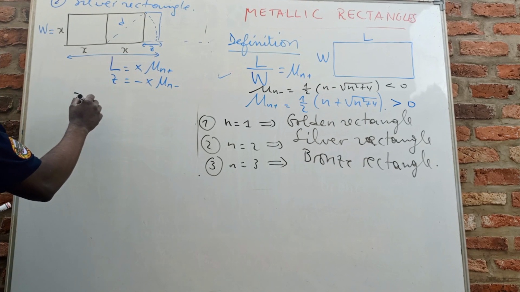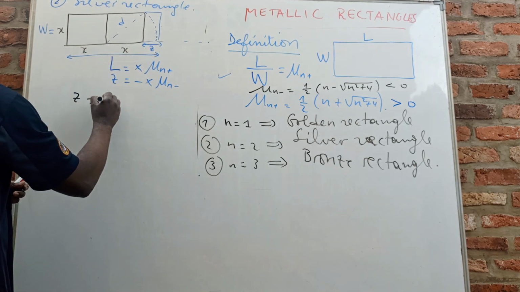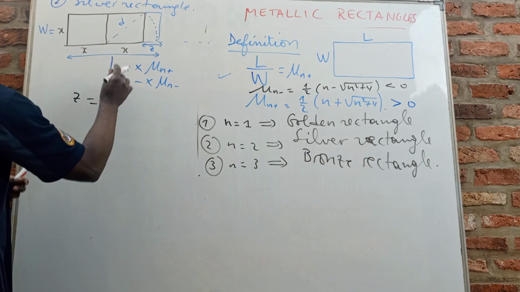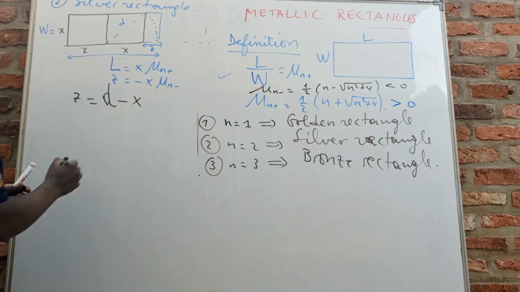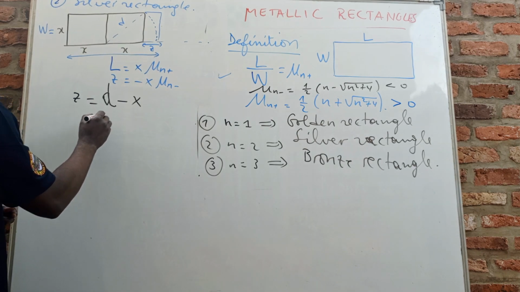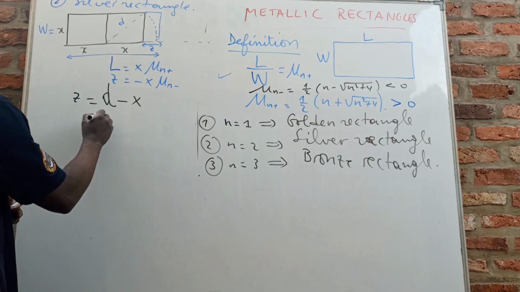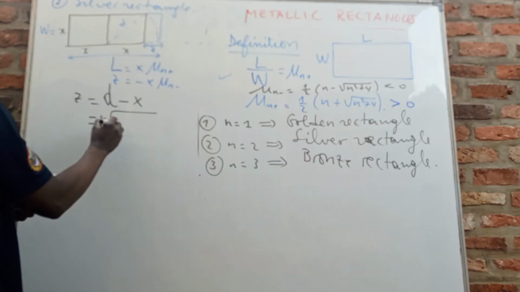So what you have to do is take d, this diagonal, minus x. So we take the square root of x square plus x square.